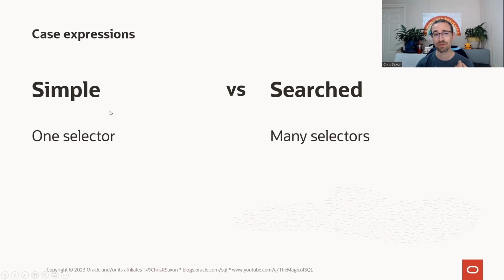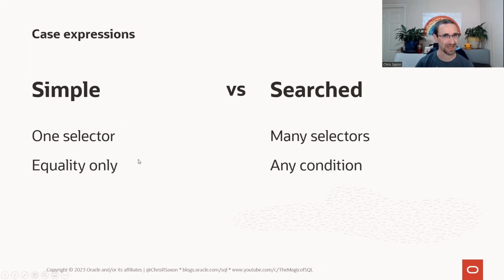So even though with our single percentage correct we've got one selector, we can't really use a simple case expression because each when is just saying, is it equal to one of those values? So this works quite well if, like I say, you've got a small list of things that you want to compare against.